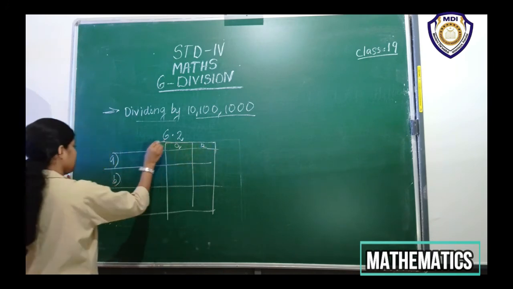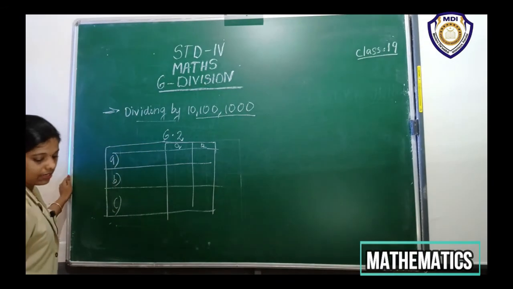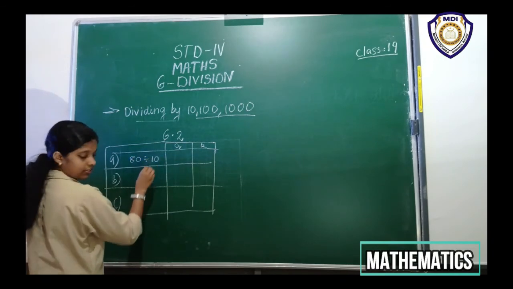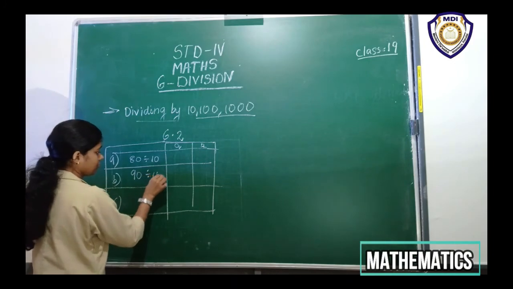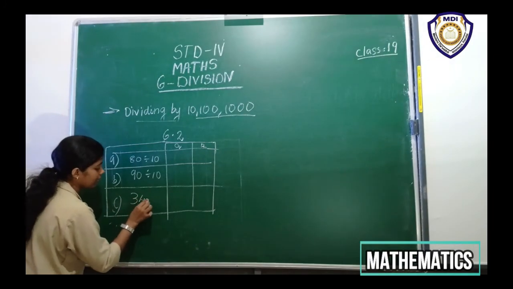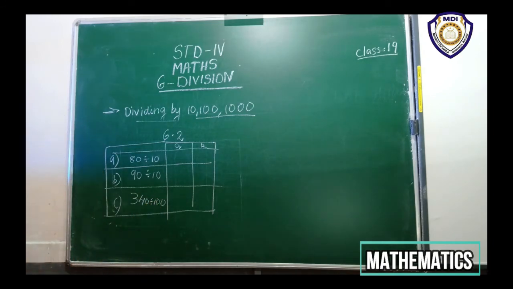The numbers are 80 divided by 10, 90 divided by 10, then 340 divided by 100. You just solve it.